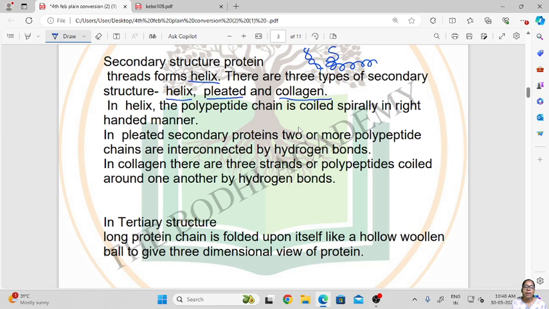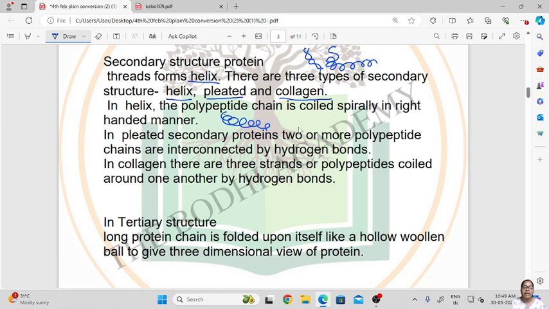So the secondary structure of the protein can be found as helix, it can be in the form of plated, and it can be found in the form of collagen. So in the helix, the polypeptide chain is coiled spirally in right-handed manner. So here it is coiled like this spirally in the right-handed manner.